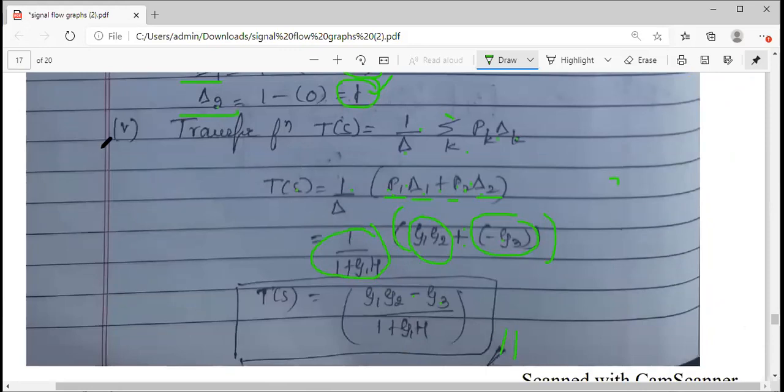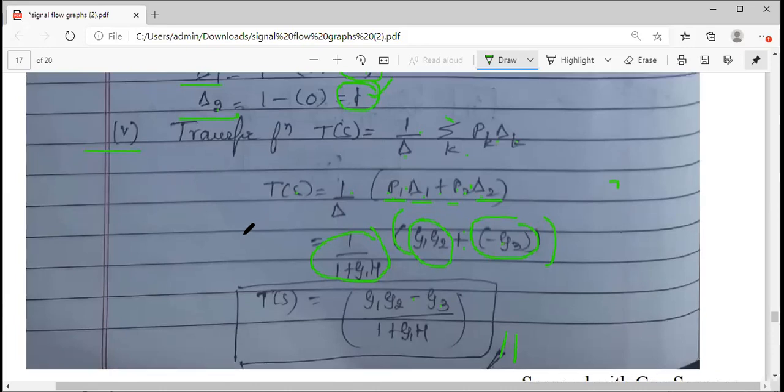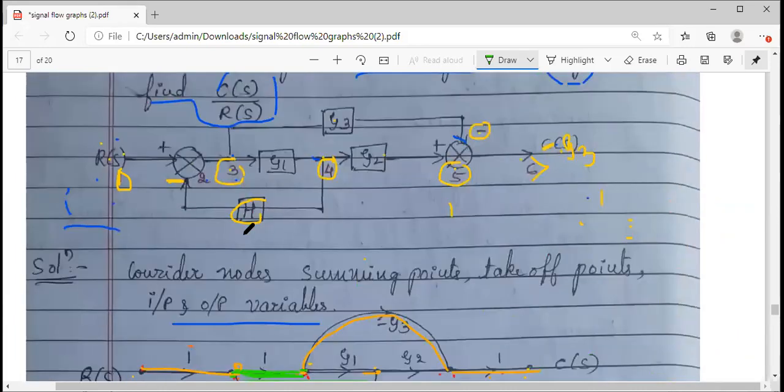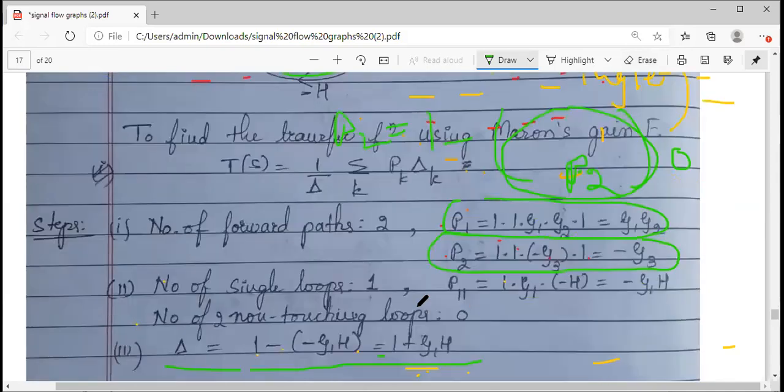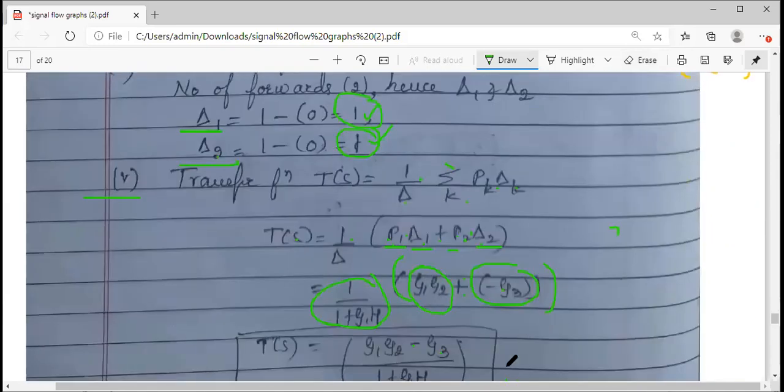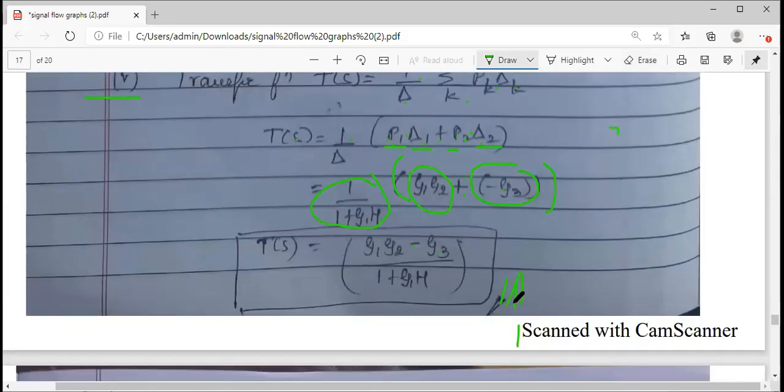Hope you understood this. The fifth step is just the substitution of the values we calculated in the first 4 steps. If you want to cross verify your answer, you already know the block diagram reduction technique, because in the given question the block diagram itself is given to you. So use the block diagram reduction technique, find the transfer function, and verify that it should be the same as the final answer we have got just now.